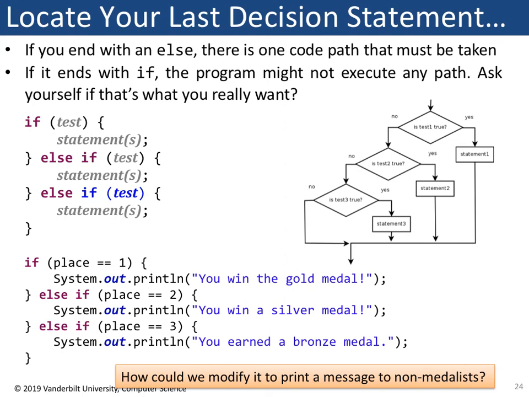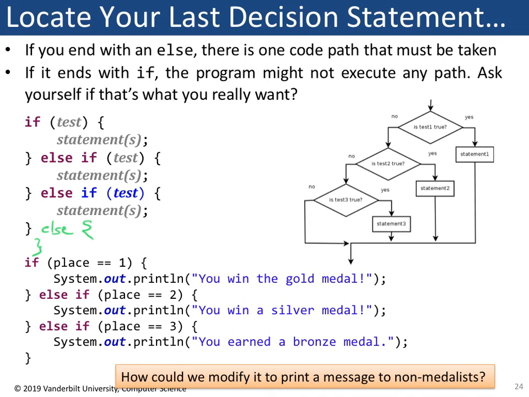Well, the program will execute none of the statements and will continue having executed none of them. However, if we were to add an else statement, then we would have a guarantee that one of our program paths in this if, else would be executed.